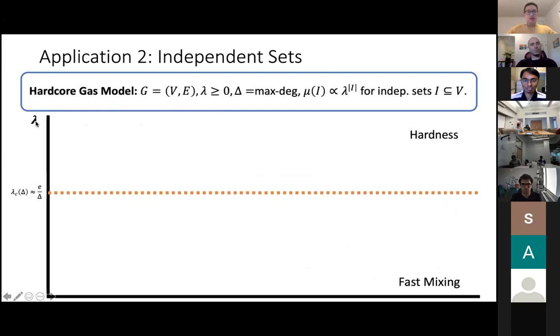Now, you should think of this problem as being harder if lambda is larger, because the distribution puts more mass on the maximum independent sets, which are hard to find. And you should think of this problem as being easy when lambda is small, because you put all of your mass on small independent sets, like the empty set.